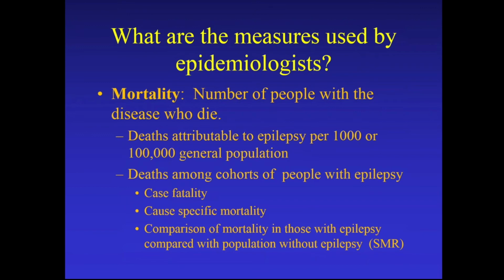Practically, this is more likely to be comparisons of deaths among an epilepsy population compared to deaths in the overall population, including people with epilepsy, since they would be included in only a small proportion of cases.